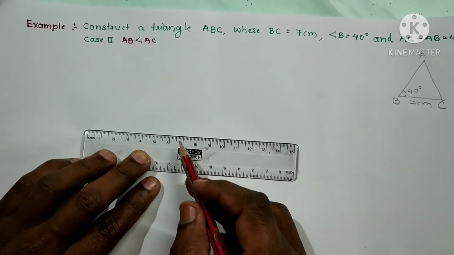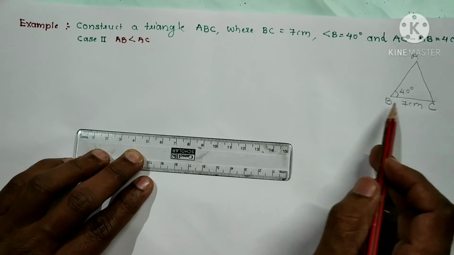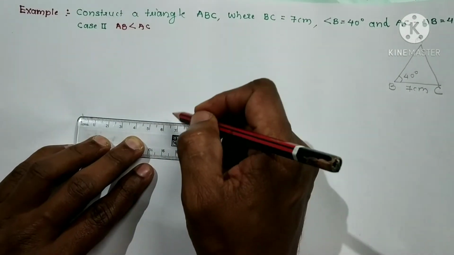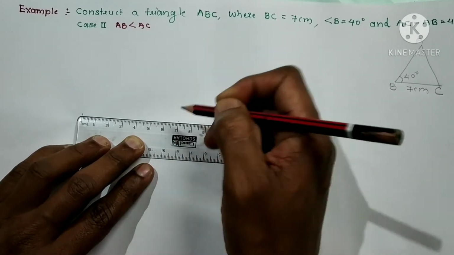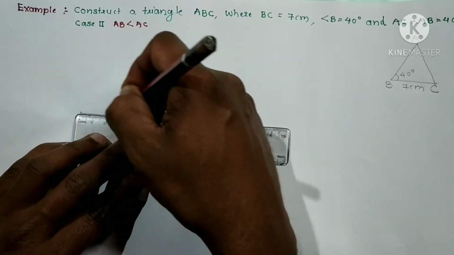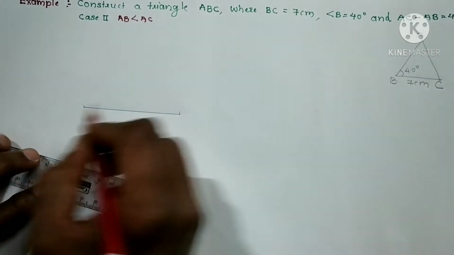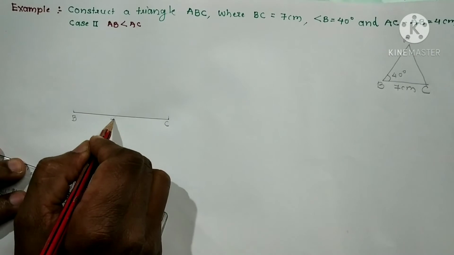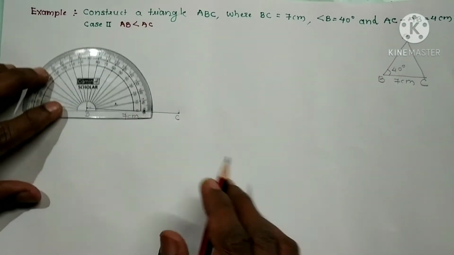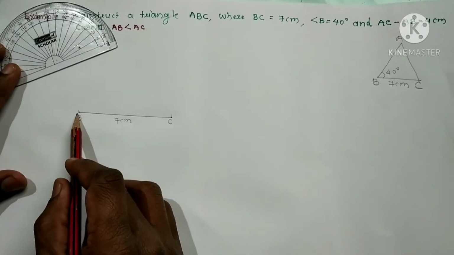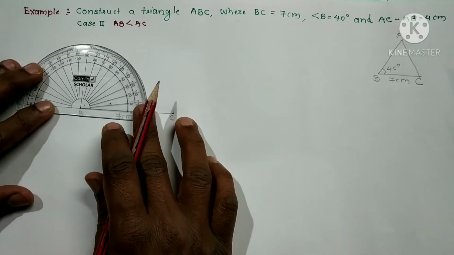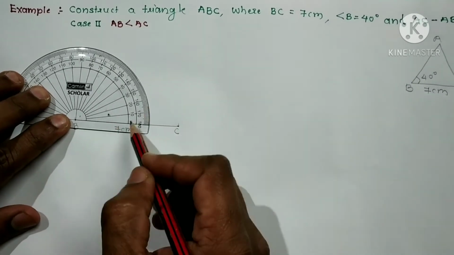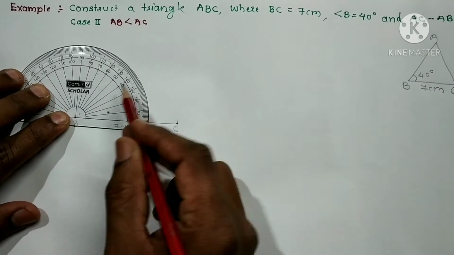First step for this second case is you have to draw base BC equal to 7 centimeters. So this is 0 and this is 7, and join these 2 points. So this is B and this is C, and the distance is 7 centimeter. Second step is at point B you have to draw an angle of 40 degree. This is 0, 10, 20, 30, 40.